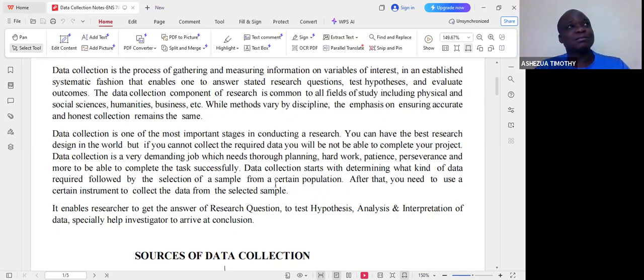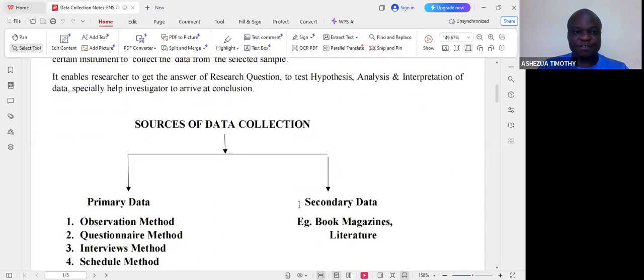Those days that places to collect data were not there, people were having challenges conducting research, because you conduct a research but wouldn't get where to get data. But today, we have many places, whether on the internet or primary sources, where you can get data and use. So, sources of data collection.